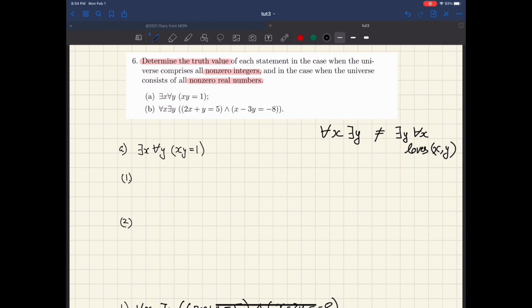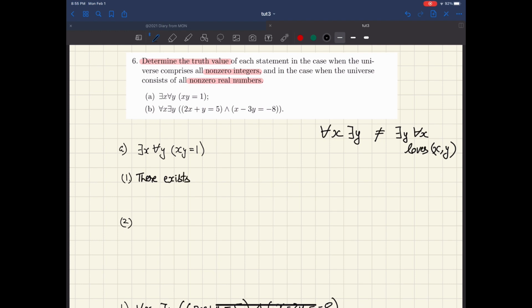The one on the right, however, says something completely different. It says that there is at least one person who is well loved by everyone, which is clearly not the same thing. So, as per our question, we have for some x, for all y, xy equals 1.